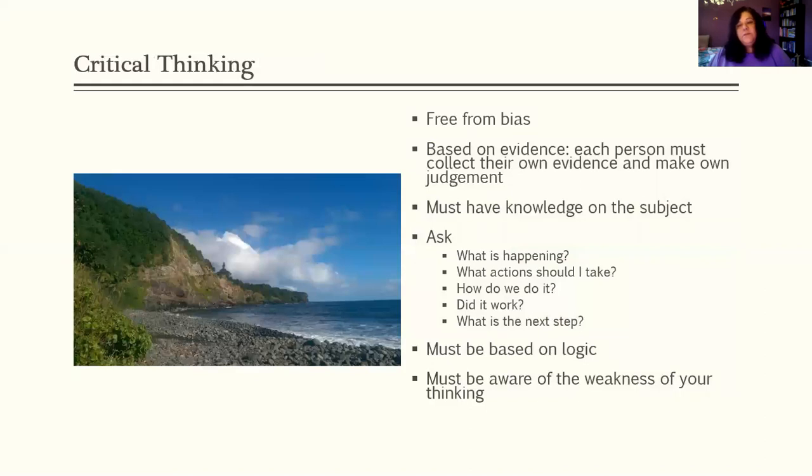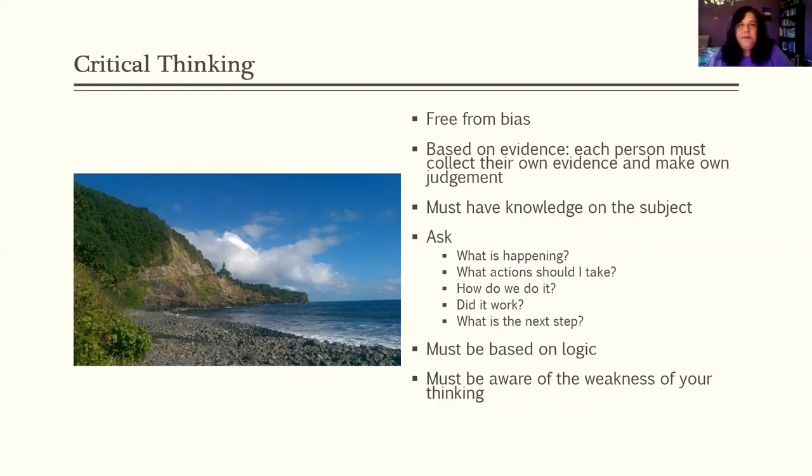We might ask, what is happening in this scenario? And what action should I take? I know what I want to do, but how do I do it? And then I ask myself, did what I do work? And what do I do next? Because I still want to get to my conclusion. That's a real simplified way of critical thinking.